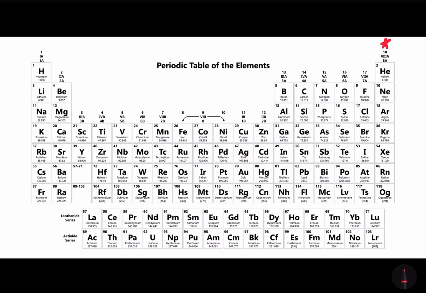Now all the elements of the periodic table will try to attain the stable noble gas configuration of group number 18. Now let's start from group number 1. For group number 1, the general electronic configuration will be ns1. Here if group number 1 loses 1 electron of ns1, they will attain the stable noble gas configuration of group number 18.